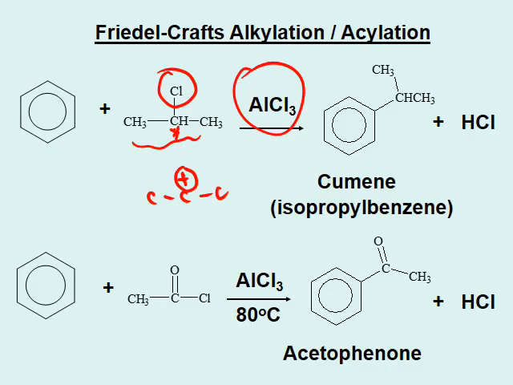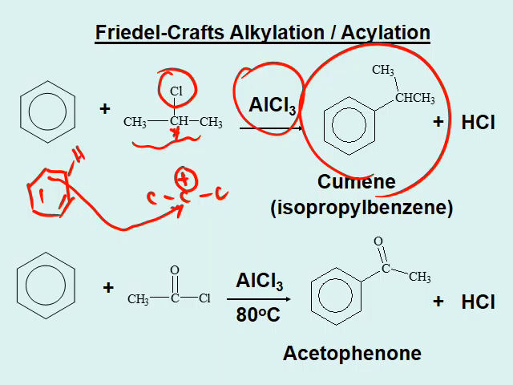I think it'd be easier to see the mechanism when you write it down like this, the way it's shown in your book, rather than as a resonance hybrid. So this would be attracted, and eventually this particular hydrogen would be gone, and you end up with this product. This is an isopropyl group.